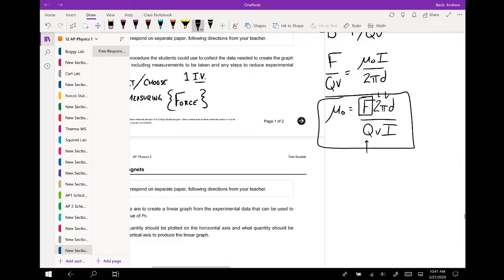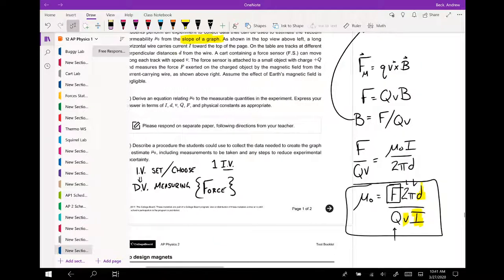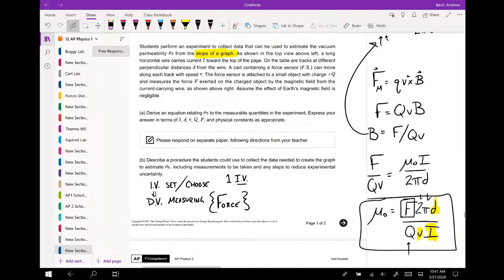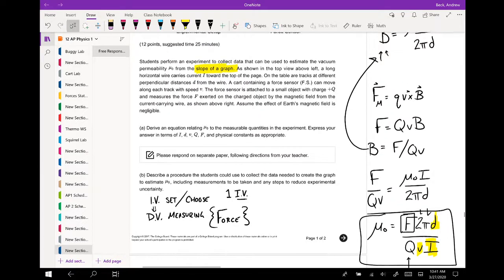Q is just the charge of our particle, so we can't change that. So really, if we wanted to, we could have 3 different experiments. We're only going to need to do one. We could set up an experiment where we change D, where we change V, or where we change I. So we have power to control all of those things.